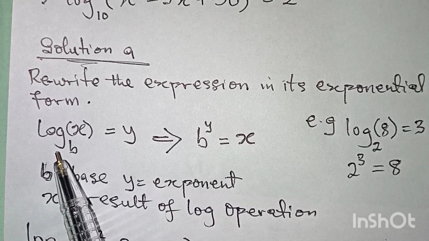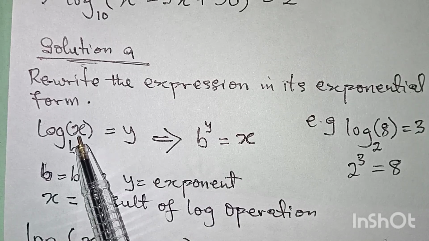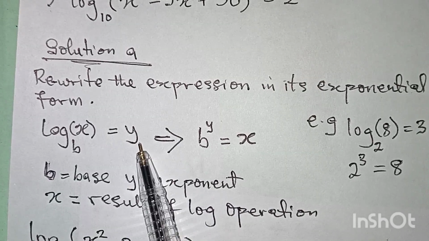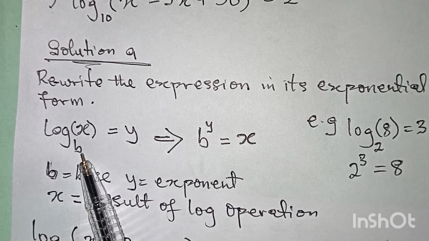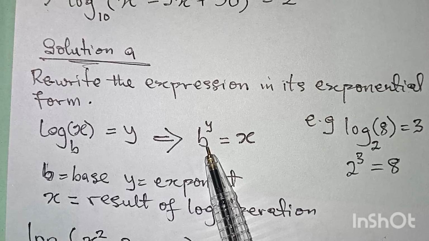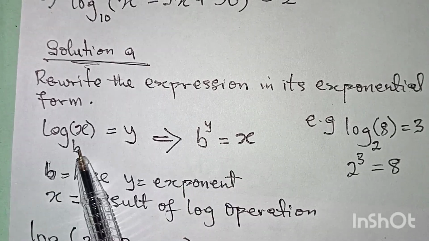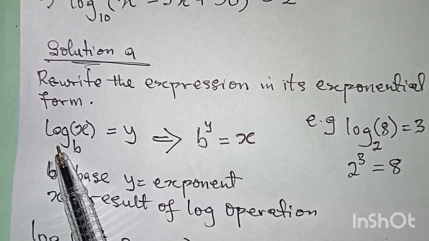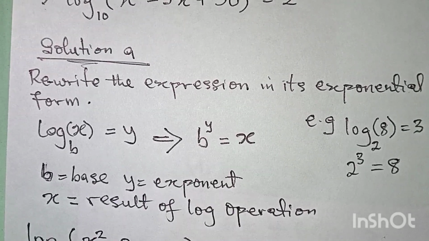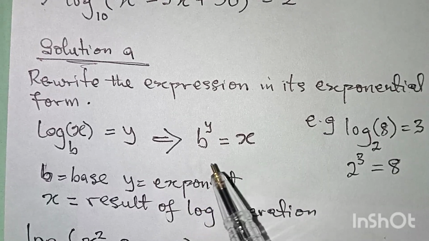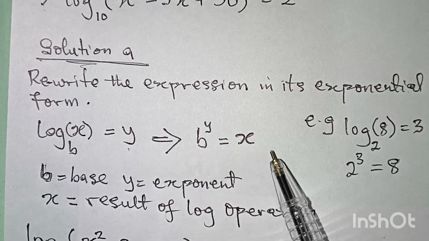When you have log of base b to x is equal to y, the base b will be on its own, no longer the base of the log, but the base of the power. Then the exponent, or the raised to power, will now be this y.